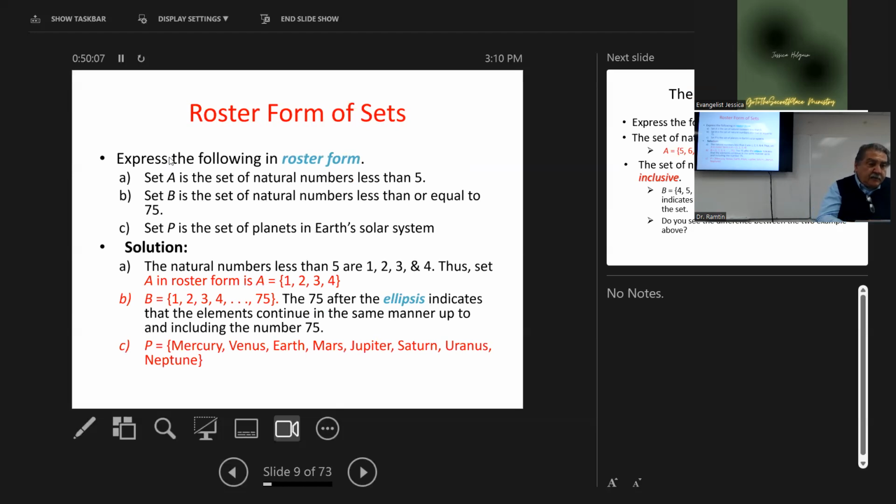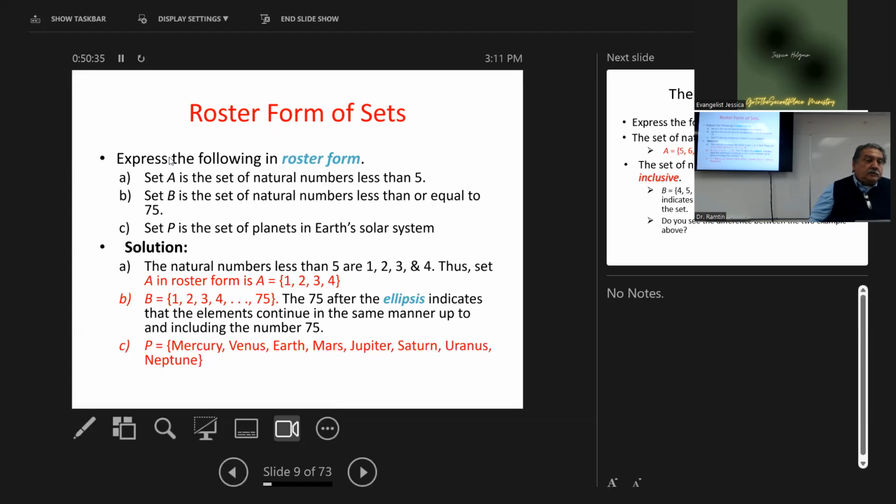So the natural numbers less than 5 are 1, 2, 3, and 4. If we want to put that in roster form, it's going to be A, as the name of the set, equal to, then braces, and you have 1, 2, 3, and 4 with commas in between, and then you close with another brace.